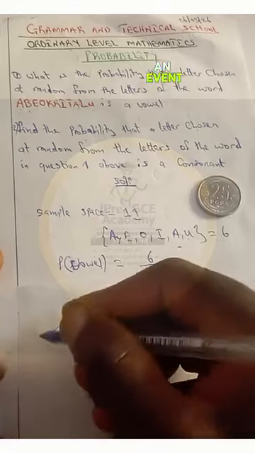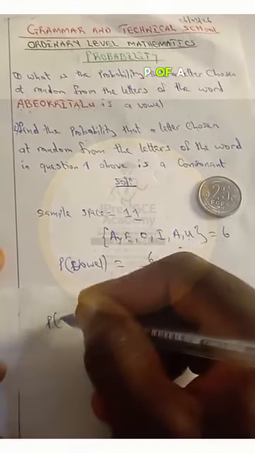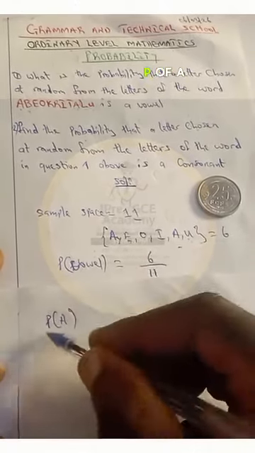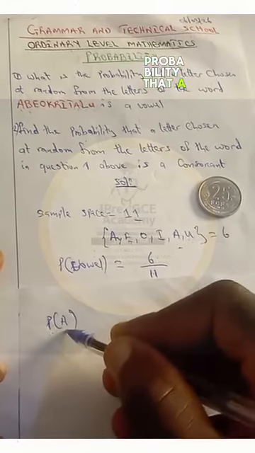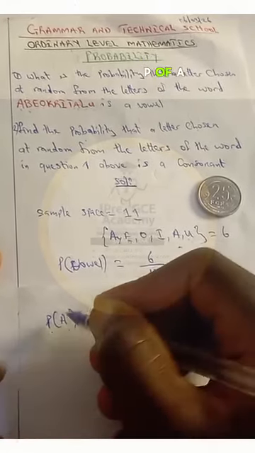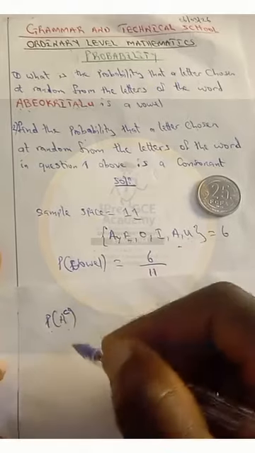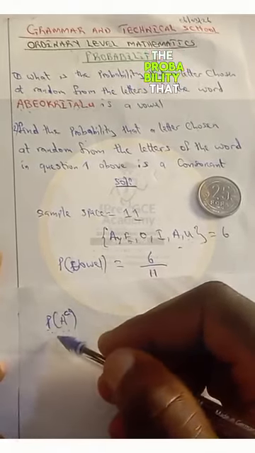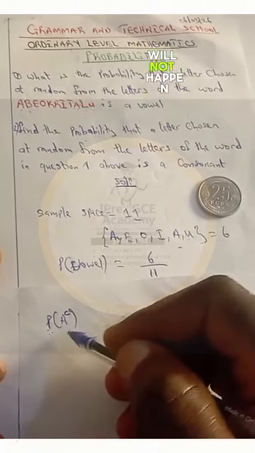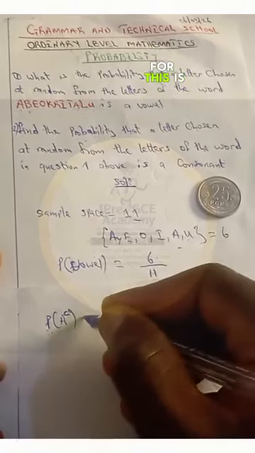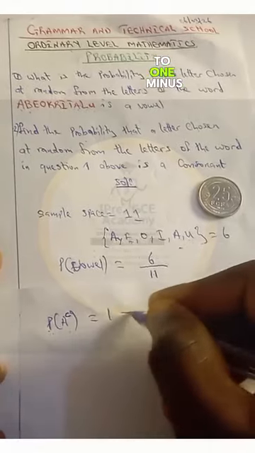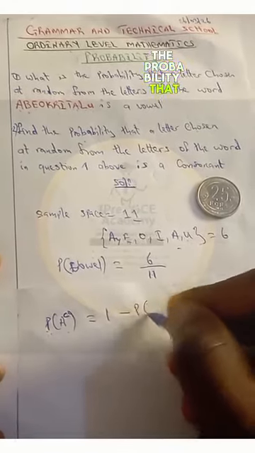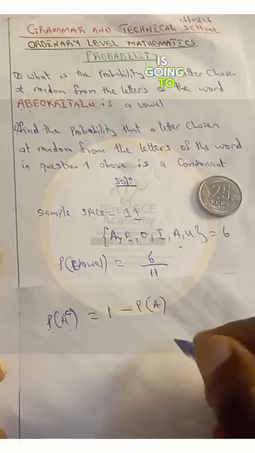So if I'm saying P of A, it means find the probability that A will happen. But if I was to say P of A with a C at the top like this, I'm saying find P of A complement, which means find the probability that a certain event A will not happen. And the formula for this is equal to 1 minus the probability that the event A is going to happen.